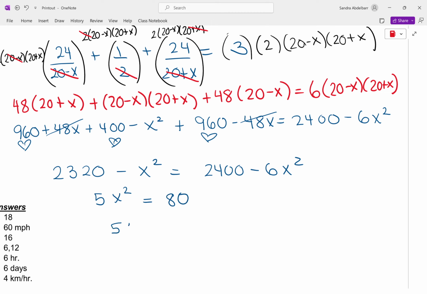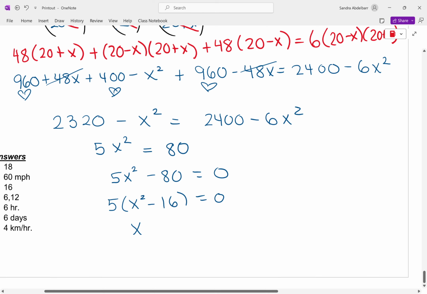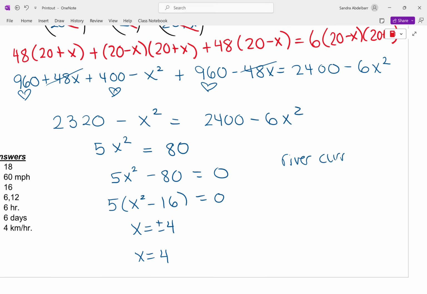I'm going to bring that 6x squared over, so we're going to have 5x squared equals 80. So 5x squared minus 80 equals 0. I'm going to pull out a GCF of 5. x squared minus 16 equals 0. So we are going to get x equals plus or minus 4. But we can't have a rate that's negative, so x is just equal to 4.